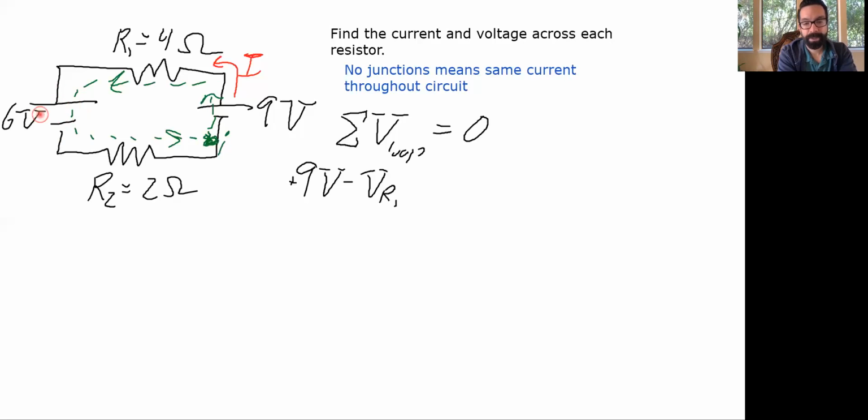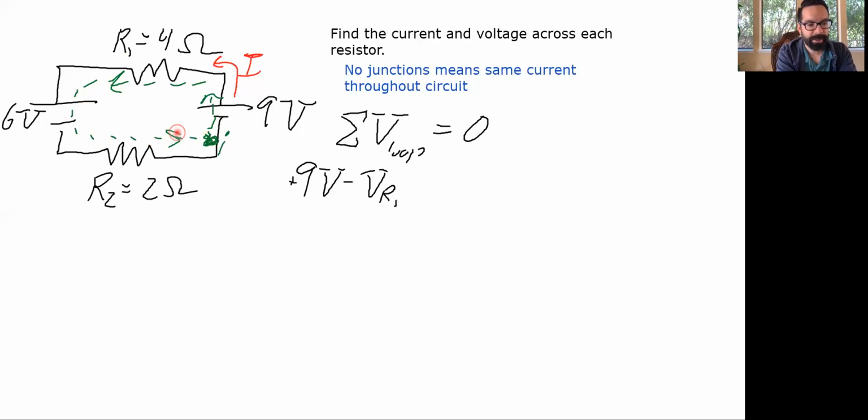Just be careful there, because here's a mistake that happens a lot when I'm grading papers. I see that a student sees a battery. Great, you see a battery. I don't want you guys to think that just because you see a battery means that your voltage is always going to be positive, right? It depends on the direction of your loop. That's what makes it a positive voltage or a negative voltage.